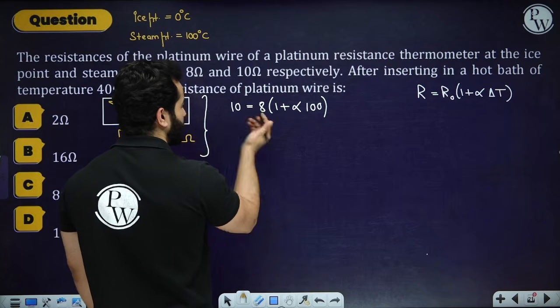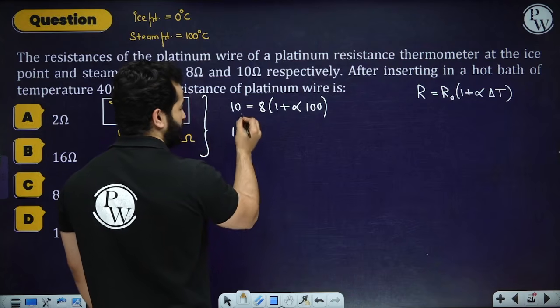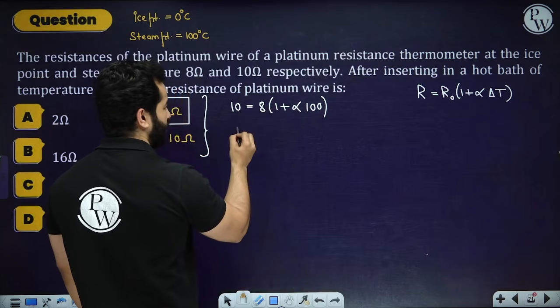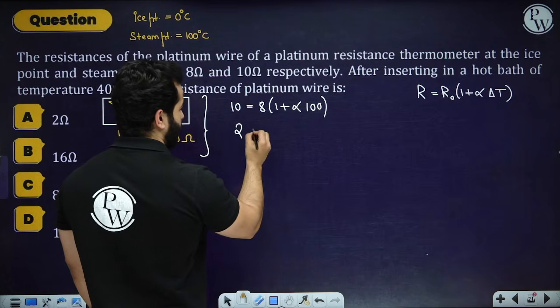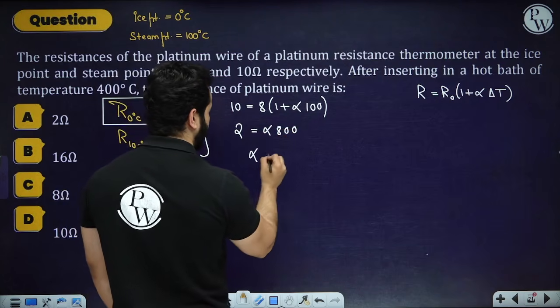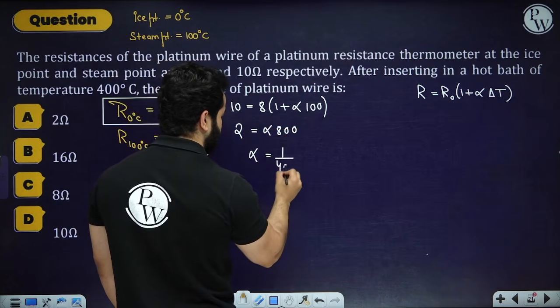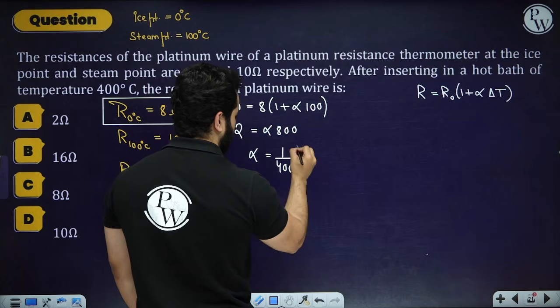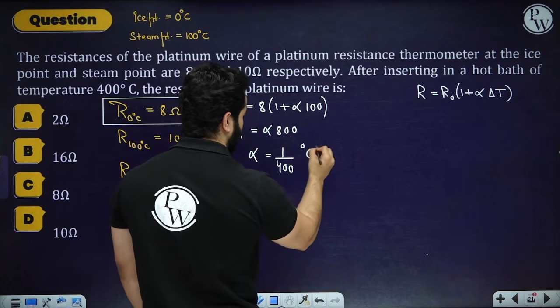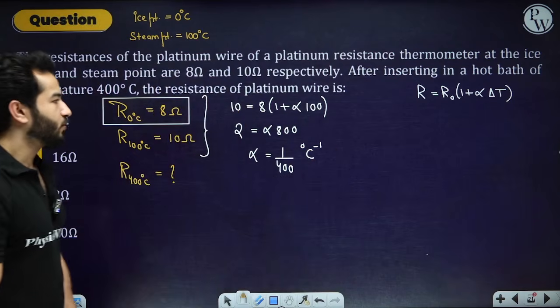10 minus 8, that is 2, equals alpha into 800. So alpha will come out to be 1 upon 400 per degree Celsius. You can rewrite this like this. Done, so we have got what alpha is.